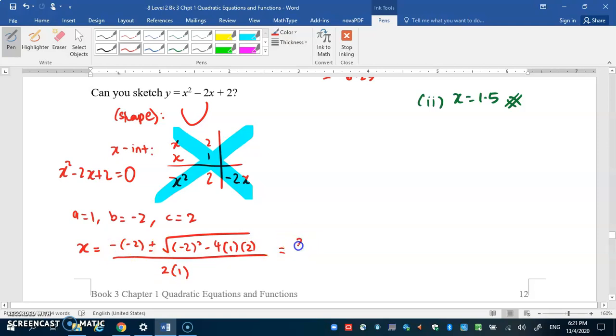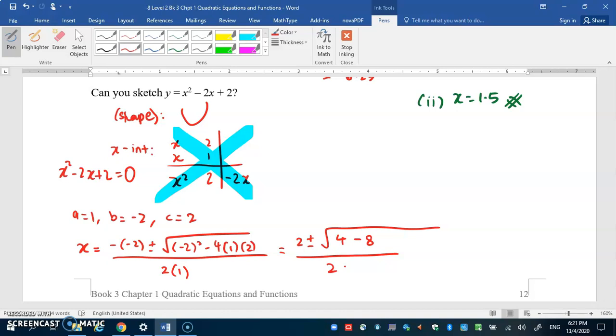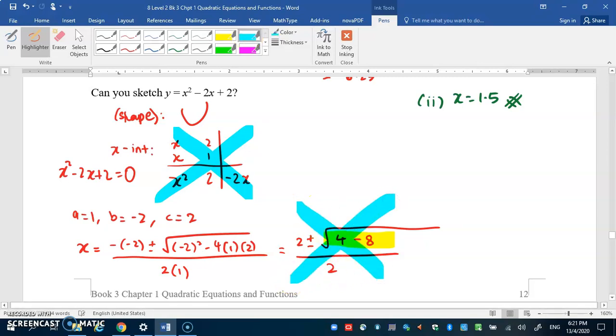So this becomes 2 plus minus, -2 whole thing squared is 4, minus 4 times 2 is 8, divided by 2. Aha! I realize I cannot do this as well. Why? Because 4 minus 8 will give me a -4. How can I ever square root a -4? Cannot be done.